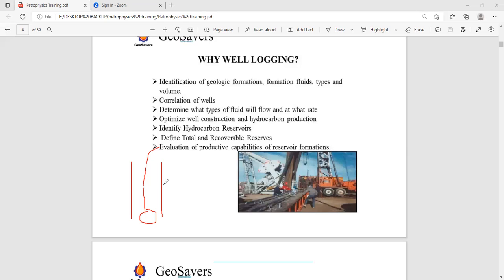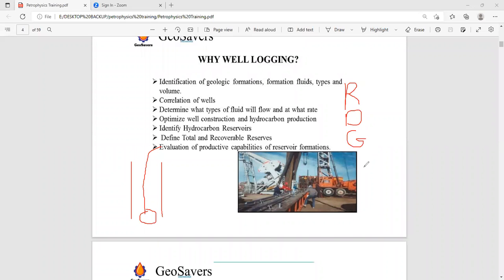All right, now there are so many properties of the formation that these sensors can measure. We are first of all going to look at the resistivity of the formation. We are going to look at the density. We are going to look at the gamma ray, that's the natural gamma ray.